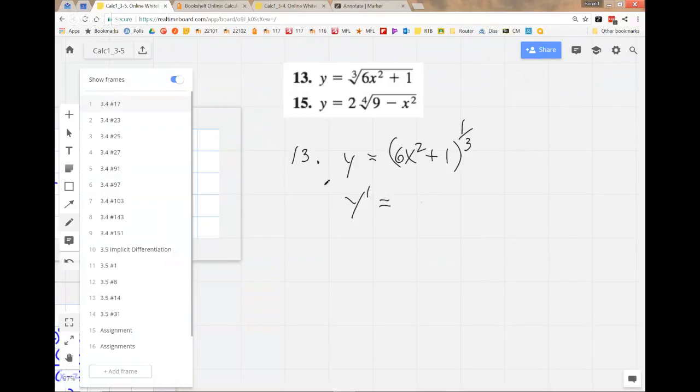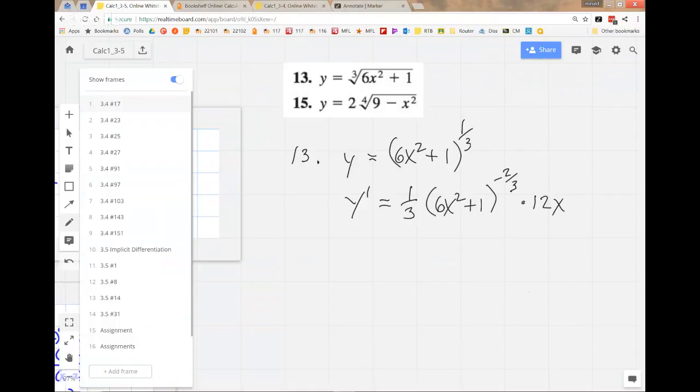So on the outside, you're going to take the power rule, bring the power down, reduce the power by 1, and then we have a chain rule. We have to multiply times the derivative of the interior, which would be 12x. So that's the end of the derivative.